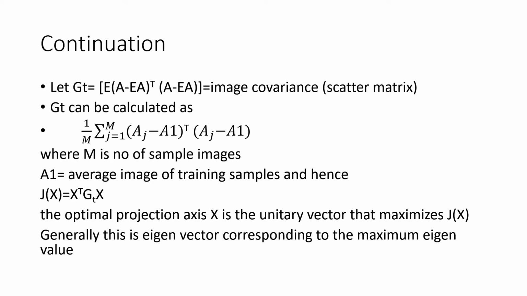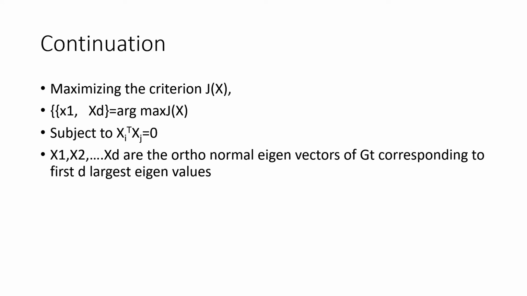Basically, the optimal projection axis X is the unitary vector that maximizes J of X. Generally, this is the eigenvector corresponding to the maximum eigenvalue. In general, it is not enough to have only one optimal projection axis. We usually need to select a set of projection axes X1 to Xd, subject to the orthonormal constraints. This means the corresponding eigenvectors must be orthogonal to each other.